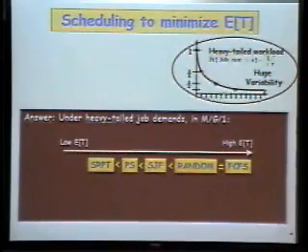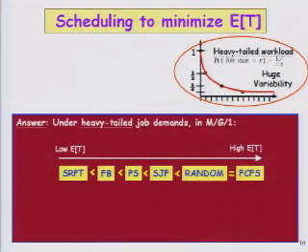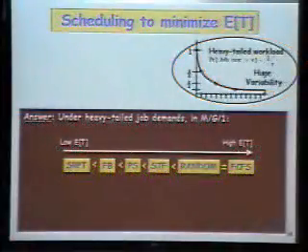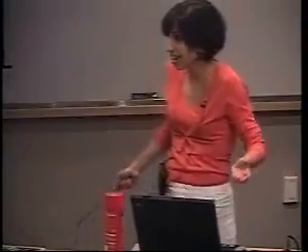Okay? And so that policy, FB, would fit in here, close to SRPT. Just using the age of a job. And that's an important thing to know because often we don't know the size of a job. We just know how long it's run. And how close it is to SRPT depends on the hazard rate of the distribution.